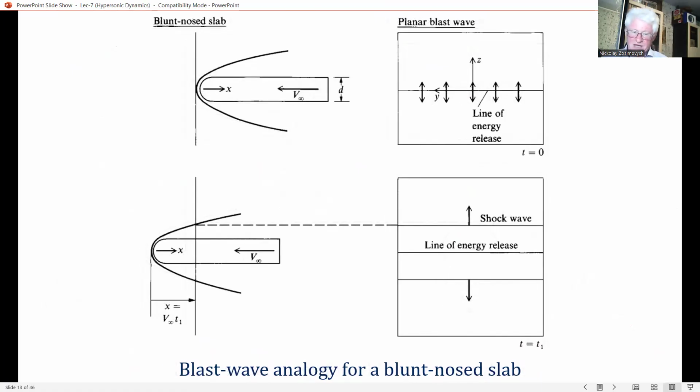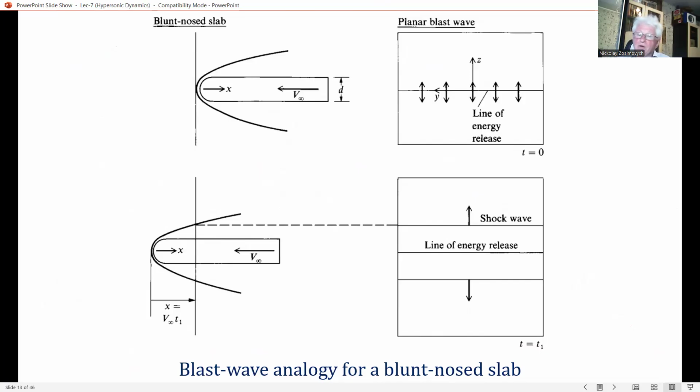Generally, return to the previous figure and this one. The advantage of the blast wave analogy is that solutions to the unsteady blast wave problem, in our case at the right side of the previous figure and this one, can be found in the classical literature, and hence can be immediately transferred to the steady hypersonic flows shown on the left figure in this slide.